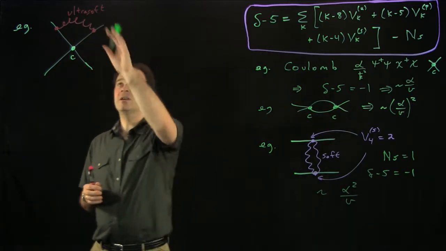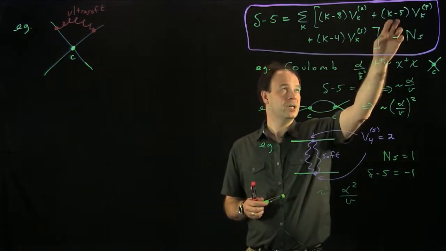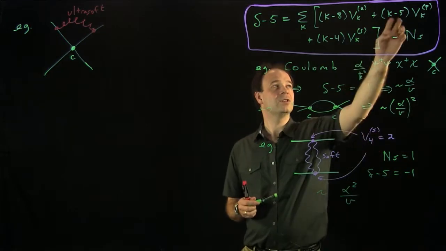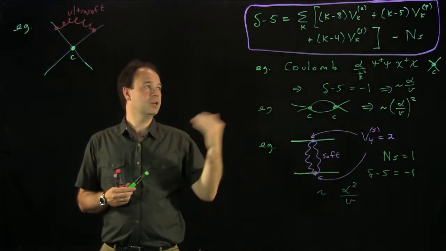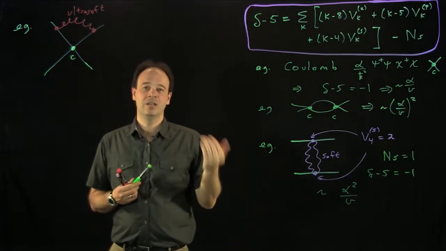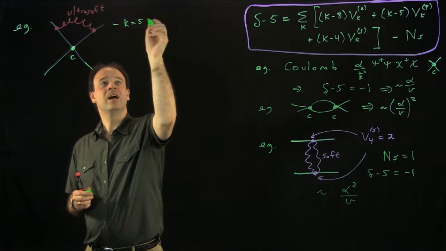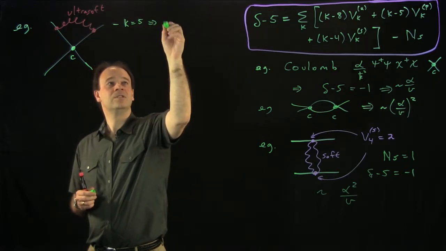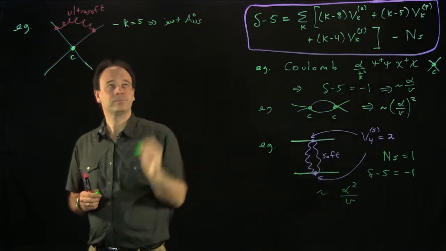And if we look back at our ultrasoft potential Lagrangian, where they couple together, it starts with something that has k equals 5. And the k equals 5 term, if we look at the interactions in that Lagrangian, it's really just the A0 ultrasoft.